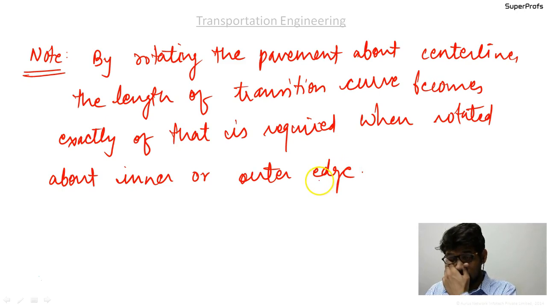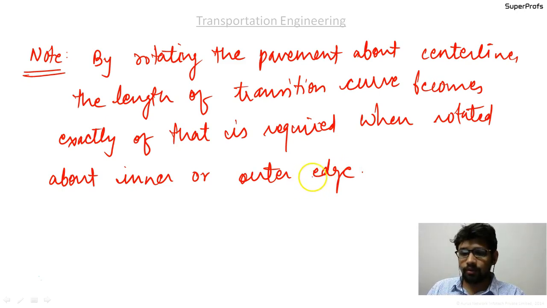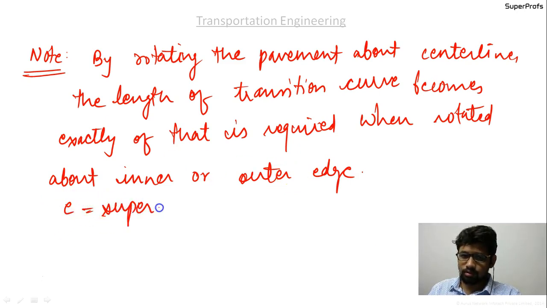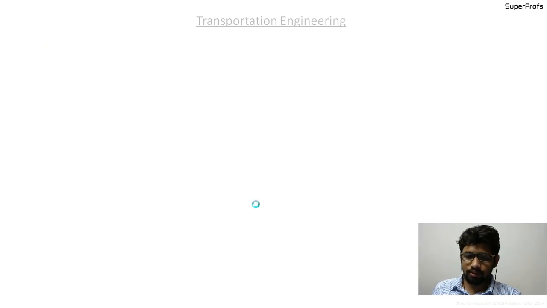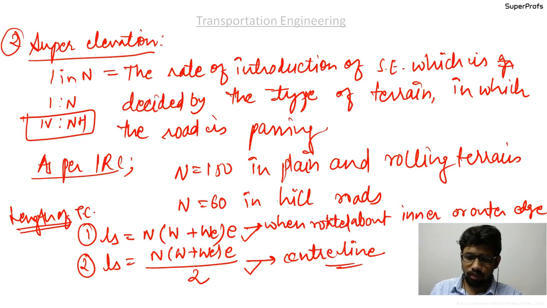Okay, and you should keep in mind in the exam whether they have asked that the road is to be rotated about the center line or about the inner or the outer edge, where E is the super elevation. Okay guys, in this formula E is the super elevation, and if E is given in the problem, then use the same value in solving the problems.